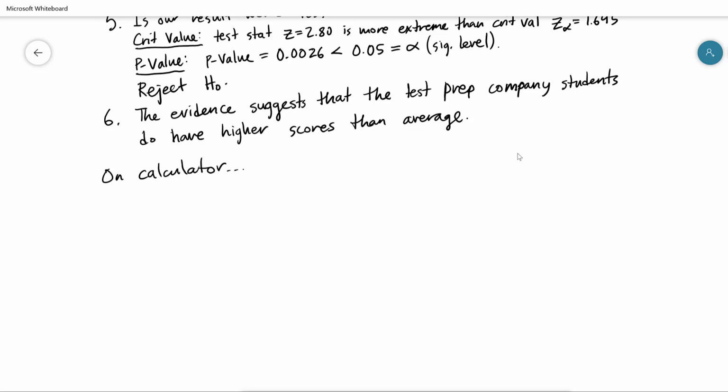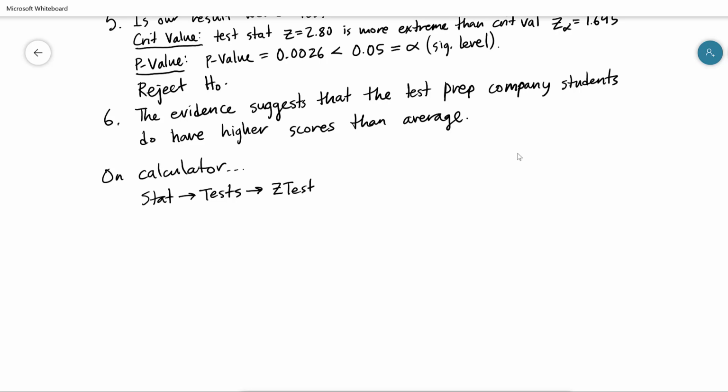So on the calculator, we're going to get to the same list of tests that we use for our confidence intervals. So we're going to hit the stat button, go over to the list of tests, and the test that we're going to look for in this case, because we're using a z-score, and because we're doing a hypothesis test, is z-test.